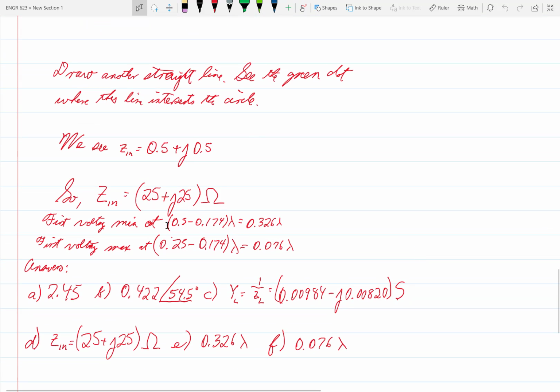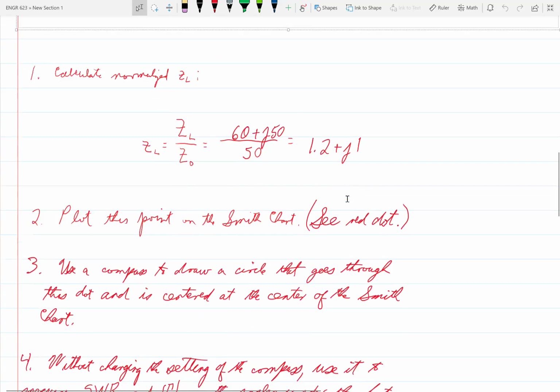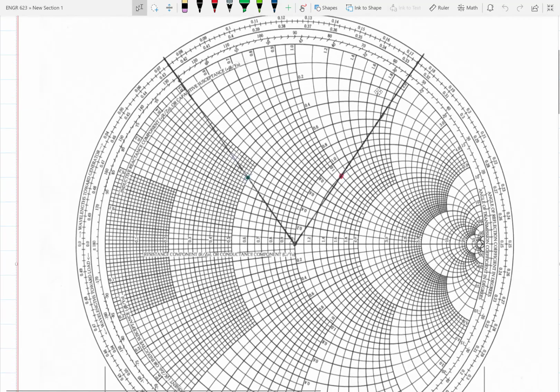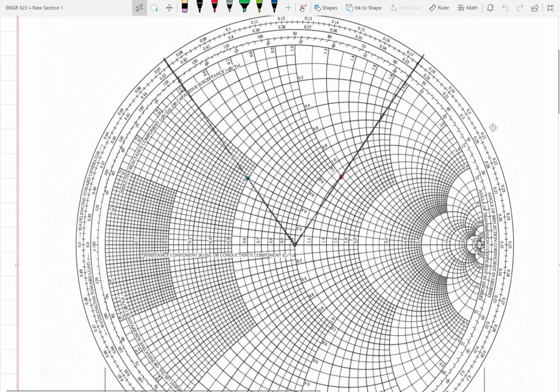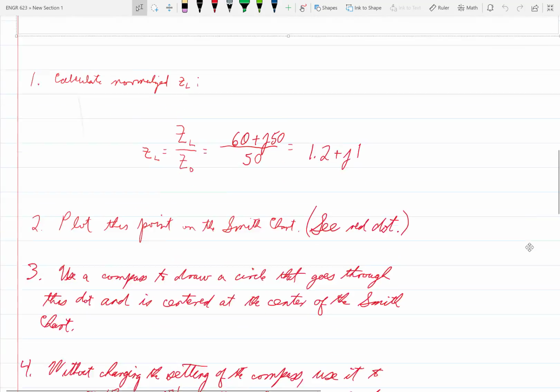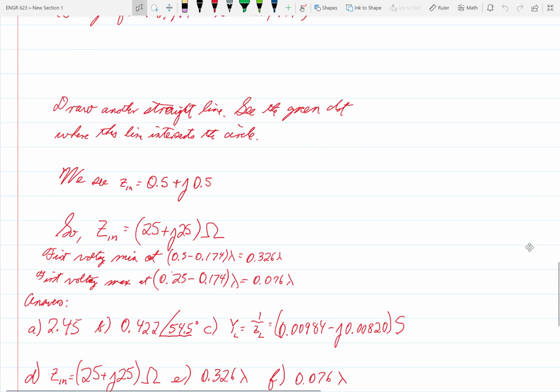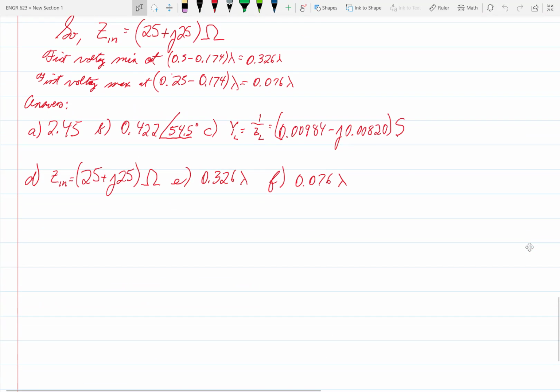And sure enough, that's where the first minimum will be. But for the first voltage maximum, you just go from this point over to here, so that's 0.076 lambda. And so that gives you all the answers.